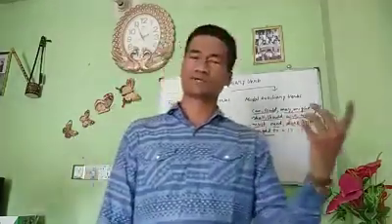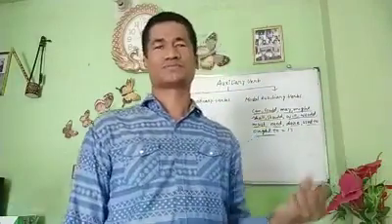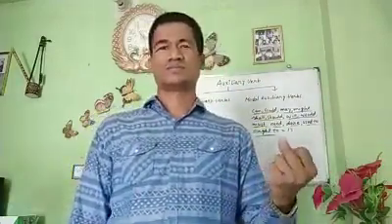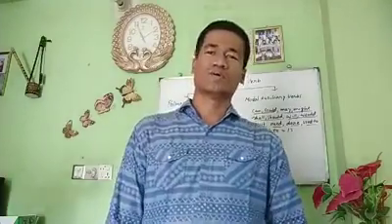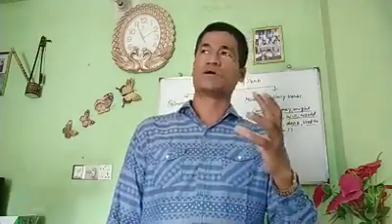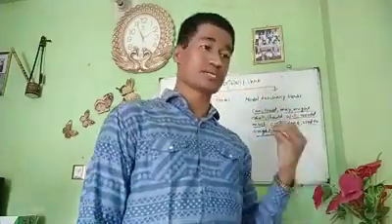What are primary auxiliary verbs? Primary auxiliary verbs are used to help the main verb, and another name for them is ordinary verbs. Ordinary verbs or primary auxiliary verbs do not express meaning without the help of the main verb.